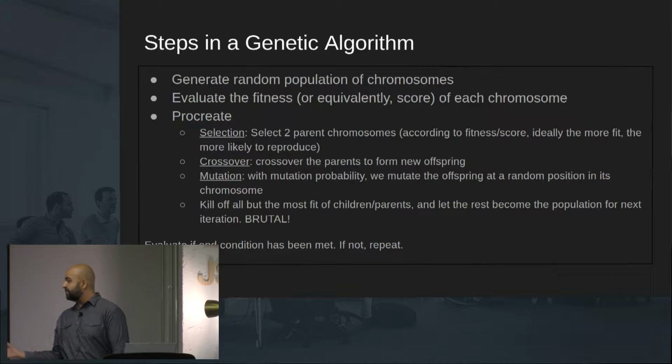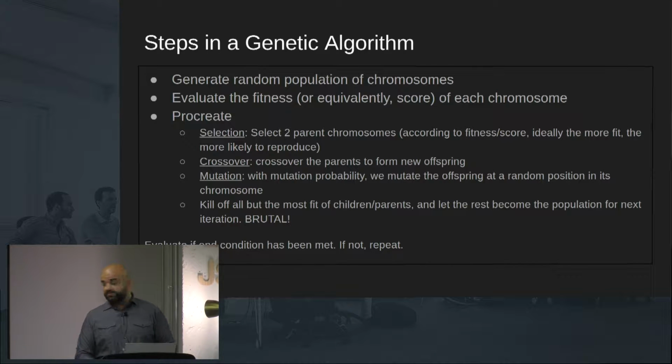In one of the examples I'll do, you can't quite do that because there are other restrictions. But typically you want to come up with some manner of mixing two parents to create a child or many children. And then a mutation. Like I said before, typically you have a mutation probability, and you randomly, at a given position, mutate a child or apply a mutation to a potential child.